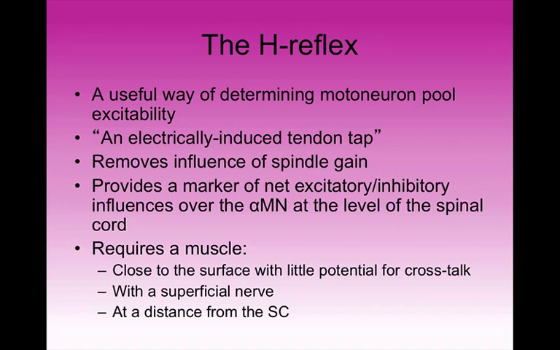I think there's a lot of potential for bad findings with that. So most often we're looking at muscles that are at a distance. So we're looking at extremity muscles. So the soleus in particular is oftentimes evaluated, and some of the hand muscles, the forearm muscles, can sometimes be evaluated as well.